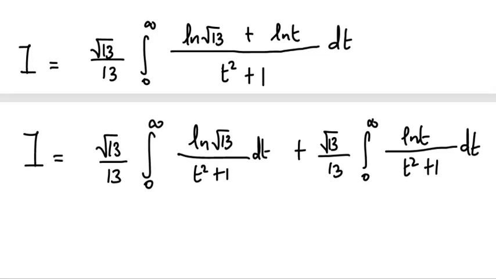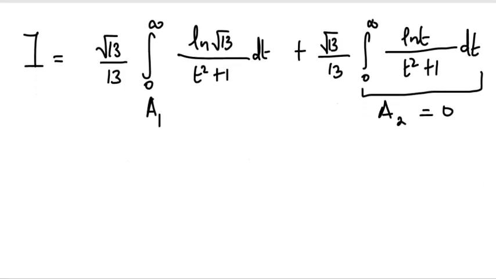But let me tell you guys, this second integral equals 0. In this video, we're going to prove that, okay? So let's call the first integral A sub 1, and the second one A sub 2, which is equal to 0.